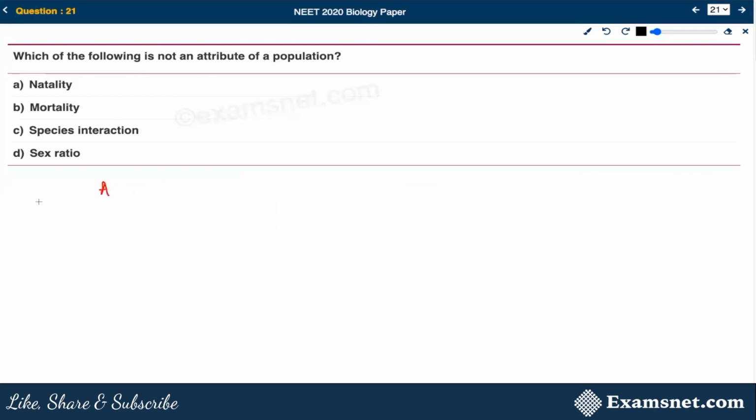Now let me tell you one thing: attribute basically means feature or character. Clear?